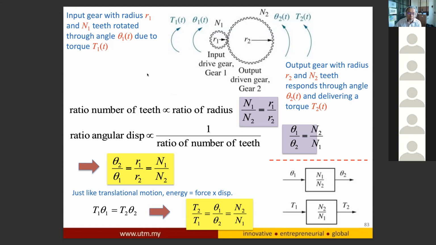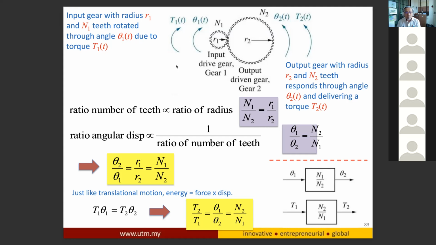So when we give a torque T1 at gear 1, it starts to give you an angular displacement, theta 1, and it's connected between R1 and R2. When R1 rotates, R2 also rotates, but in a different direction. You can see here, T1 and theta 1 are clockwise, while gear 2 with torque T2 and theta 2 is rotating anti-clockwise.